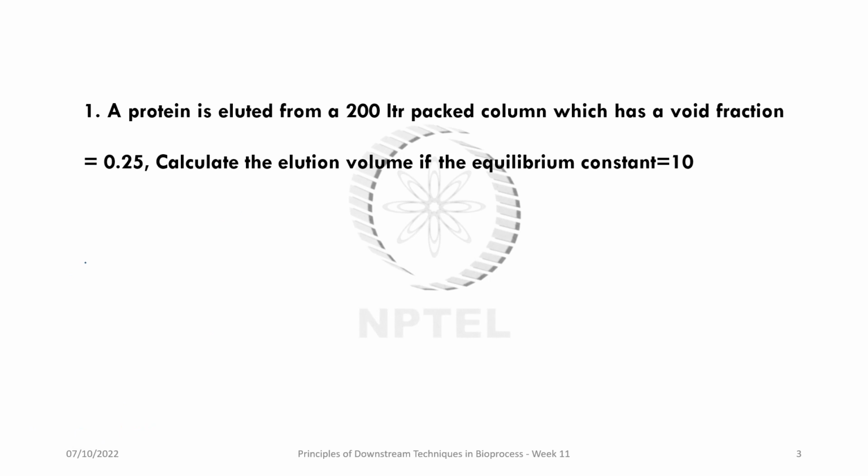A protein is eluted from a 200-liter packed column. Has a void fraction of 0.25. Calculate elution volume.